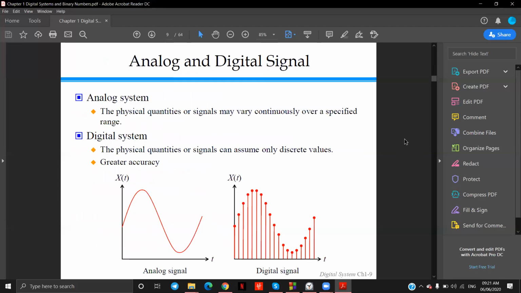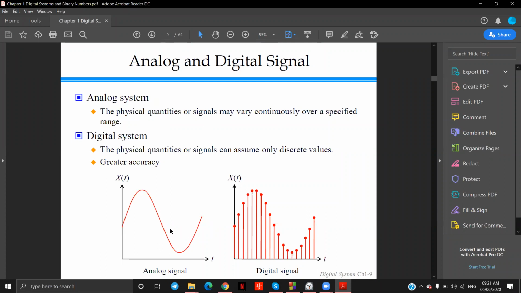In this slide, we discuss the analog system and digital system. In an analog system, the physical quantities or signals may vary continuously over a specified range. So here this is an analog signal. It varies continuously over a specified range.